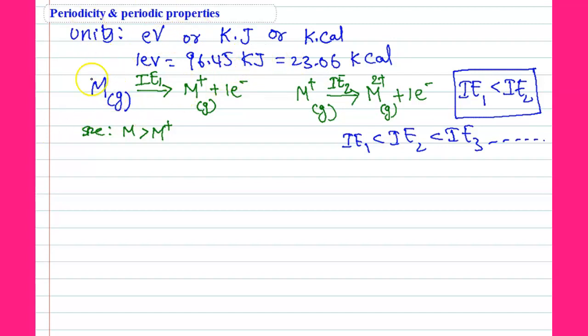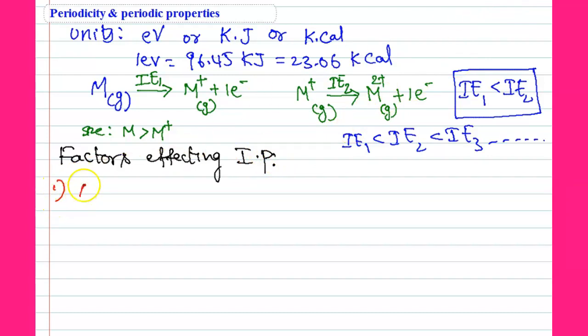Is it okay, students? The next important points are the factors affecting ionization potential. I already mentioned one main point. The first one is atomic size.